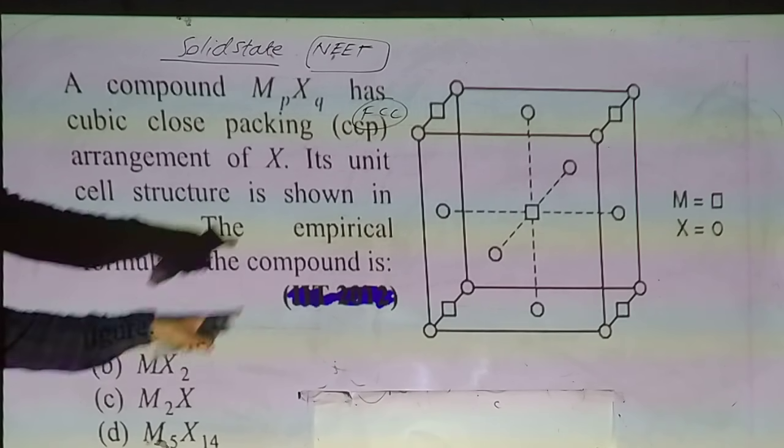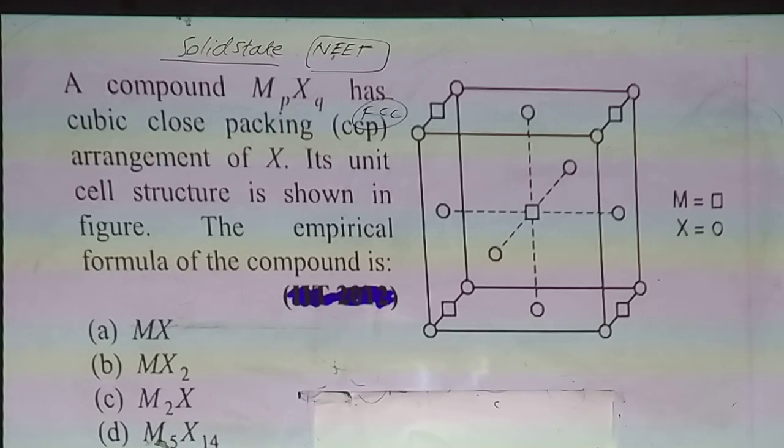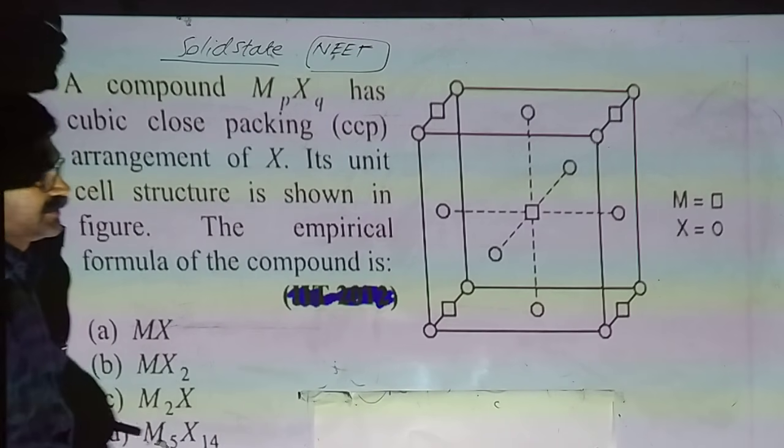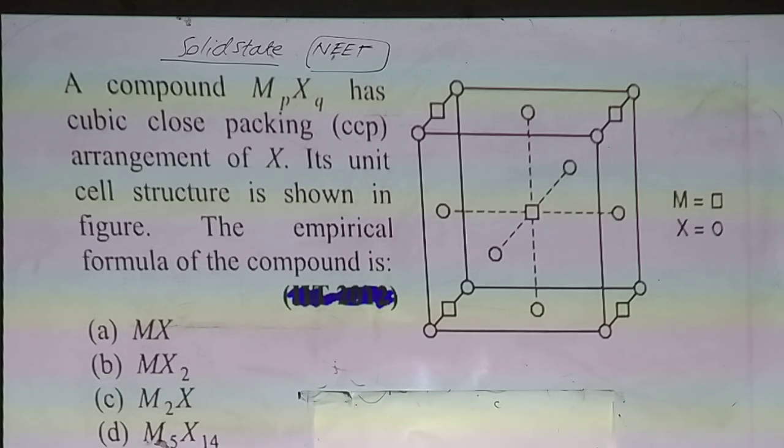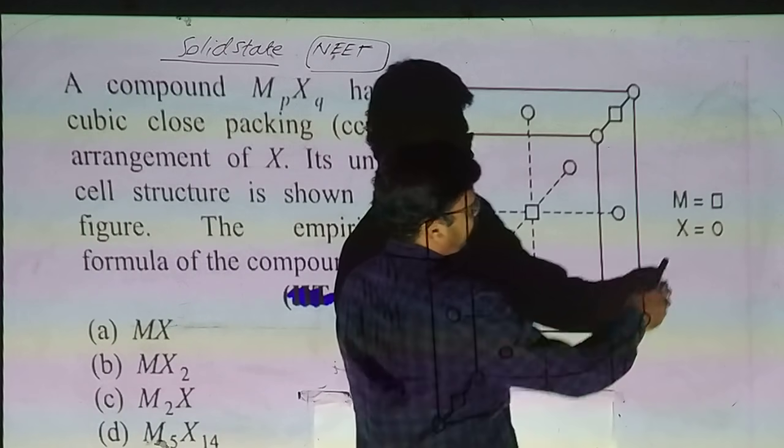Its unit cell structure is shown in the figure. The empirical formula of the compound is asked; from the diagram we have to derive it. You can see the square is element M, where the round is element X.